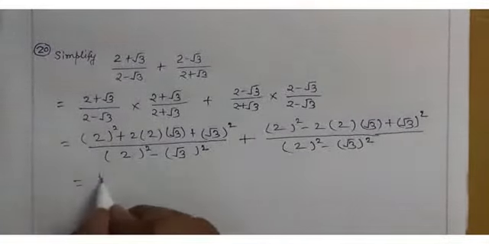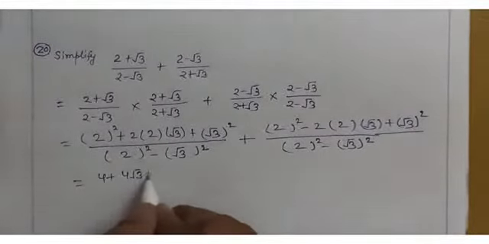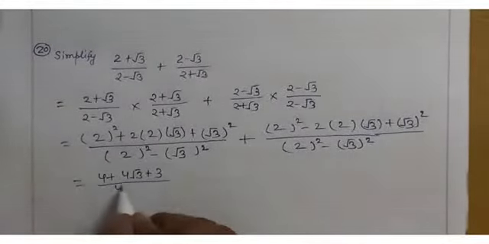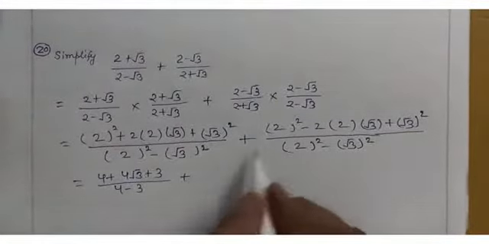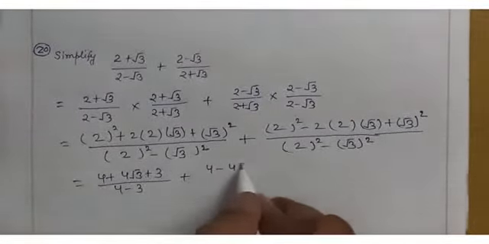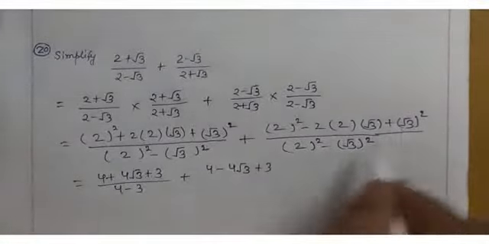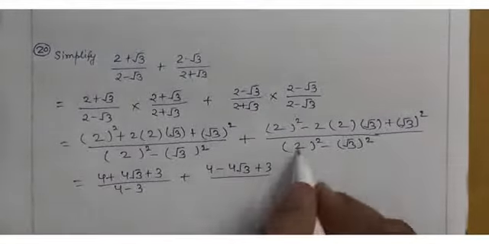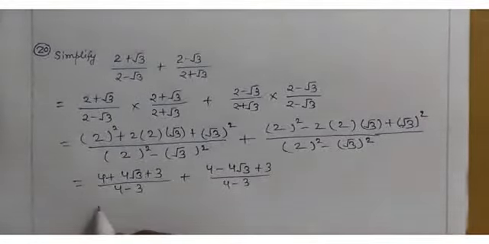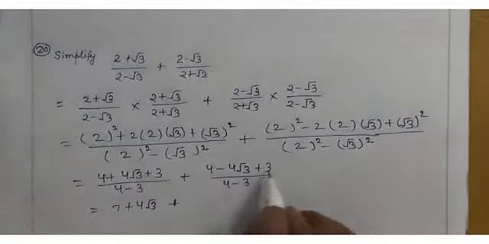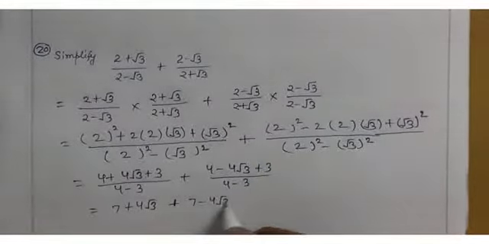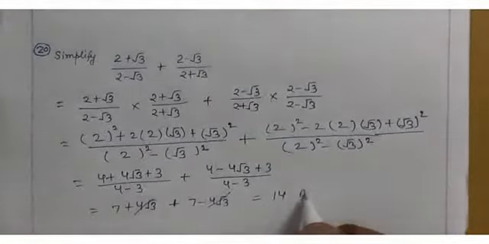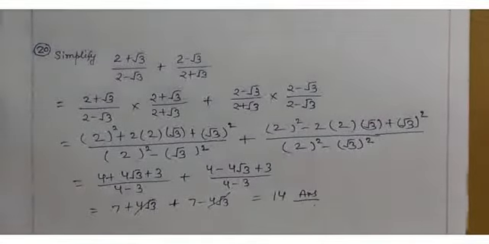So what will be? This is 4 plus 4 root 3 plus 3 upon 4 minus 3. Here 4 minus 4 root 3 plus 3. Root 3 square is 3, no? Upon 2 square is 4 minus 3. So what will be? 4 plus 3, 7 plus 4 root 3 upon 1. Here 7 minus 4 root 3 upon 1. Minus 4 root 3 and 4 root 3 cut. 7 plus 7, 14 is your answer.